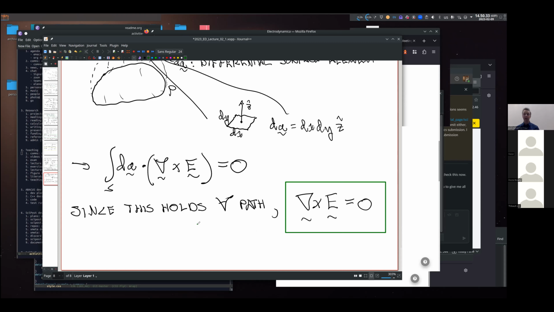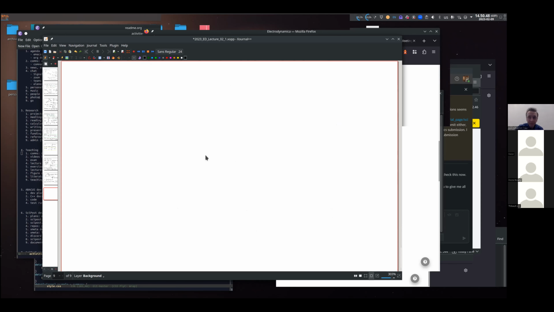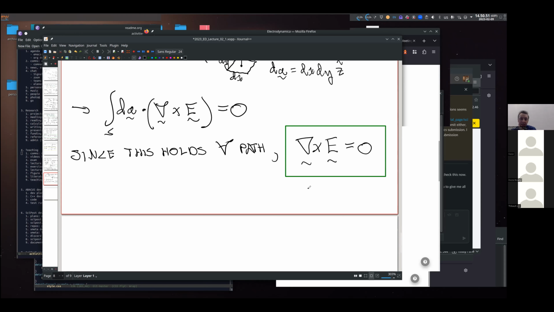What I mean here is that the field, this here, it's really for E at R, at any R. I don't write the argument, therefore I mean anywhere.